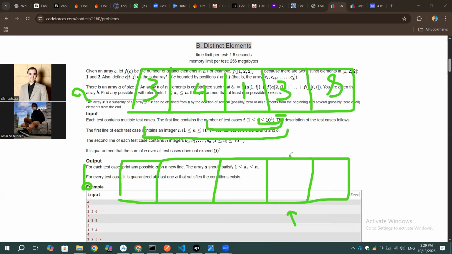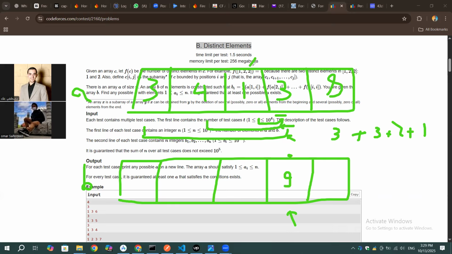So at this place, what's f for this segment? 3, 4, 1, 3. So it is 3, plus this 4, 1, 3 is also 3, plus 1, 3, it's 2, plus 3 only, it's 1. Number of distinct elements. So 6, 8, 9. So the answer here is 9. And so on for all of the array.